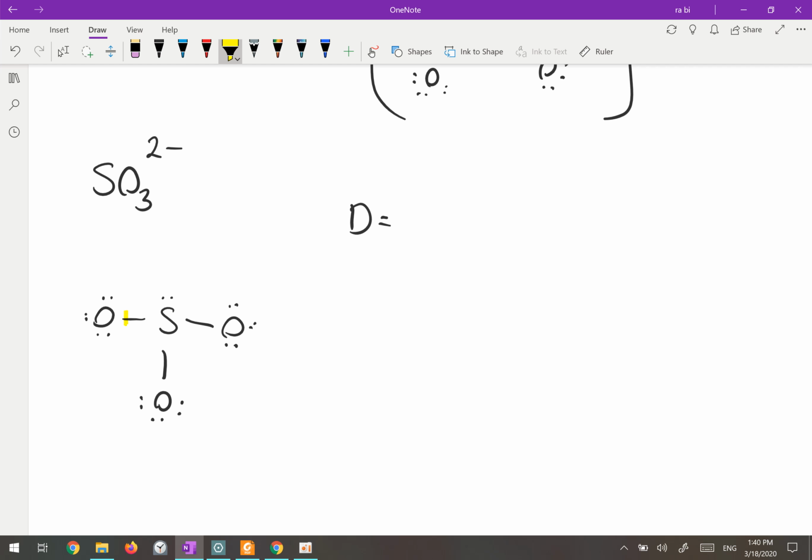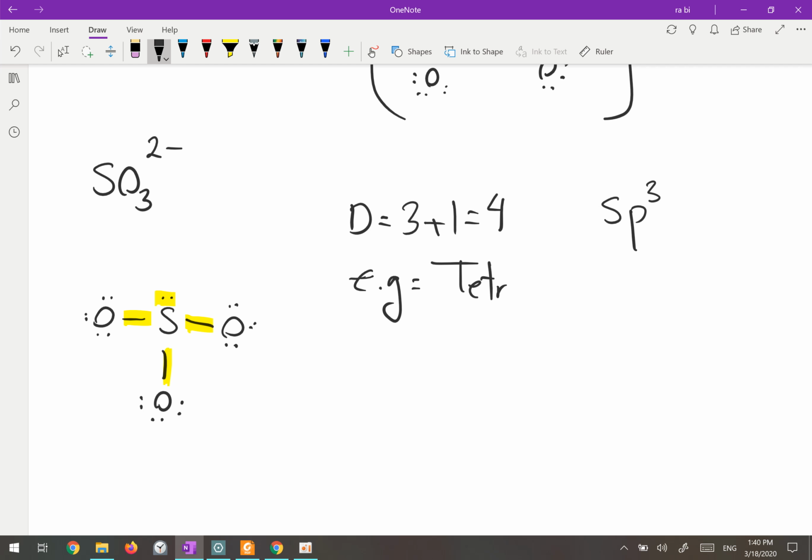We have 3 bonds, 1, 2, 3, plus 1 lone pair here. So 3 plus 1, you have 4. When the domain is 4, it means the hybridization was sp3. And for sp3 hybridization, the electronic geometry is tetrahedral. But because you have 1 lone pair, the molecular geometry and electronic geometry are not the same.